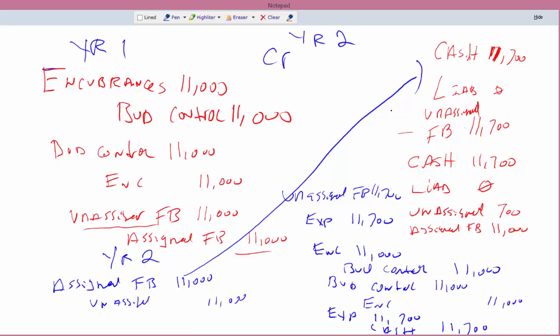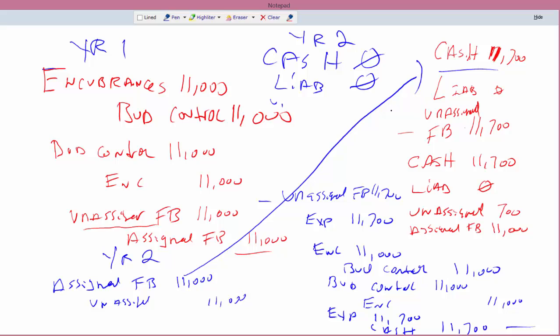How much cash do I have? On what planet? I had $11,700 cash and I just spent it, didn't I? How much cash do I have? 0. My liabilities are what? 0. I just sat there and I debited my unassigned balance for 11,700.